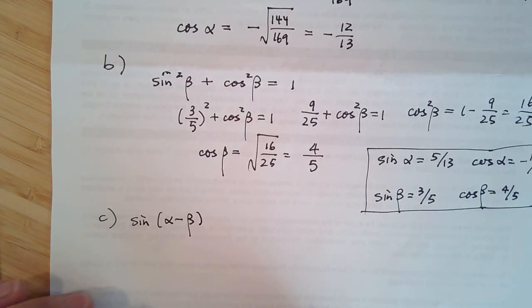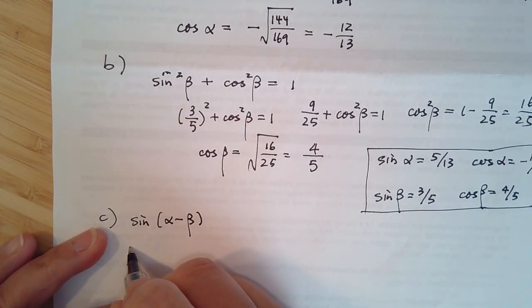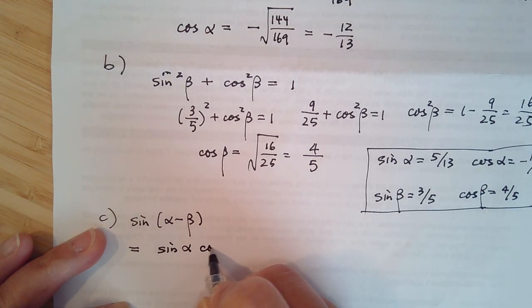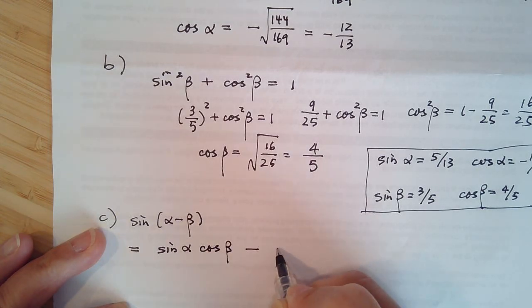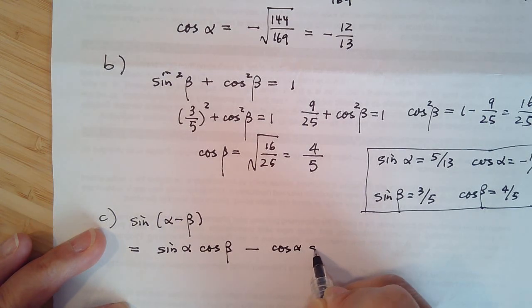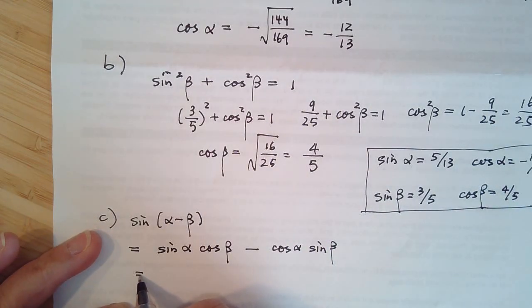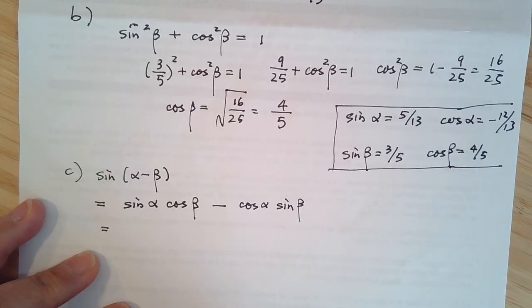By the formula, sine of alpha minus beta should be sine alpha cosine beta minus cosine alpha sine beta. The good thing is we know all of them here, so I just substitute.